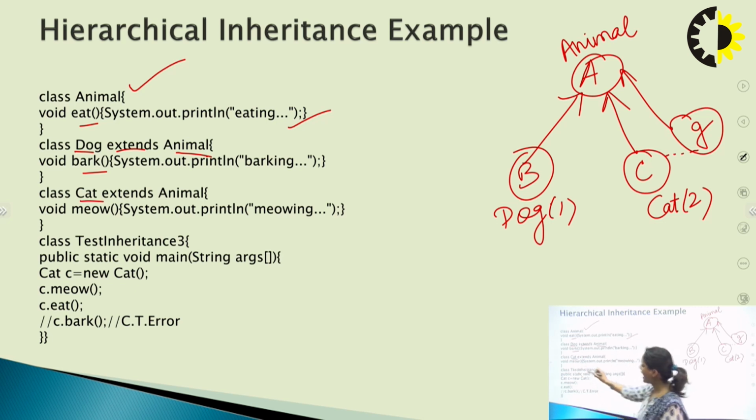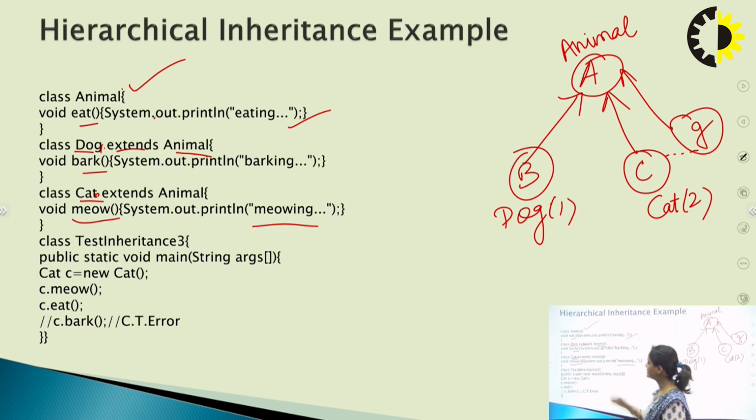Here the cat and dog do not have any accessibility to each other as they are siblings, but the cat has accessibility to the animal class and the dog also has accessibility to the animal class, having a common parent class. Here the cat class will have a method mew where we are printing mewing.